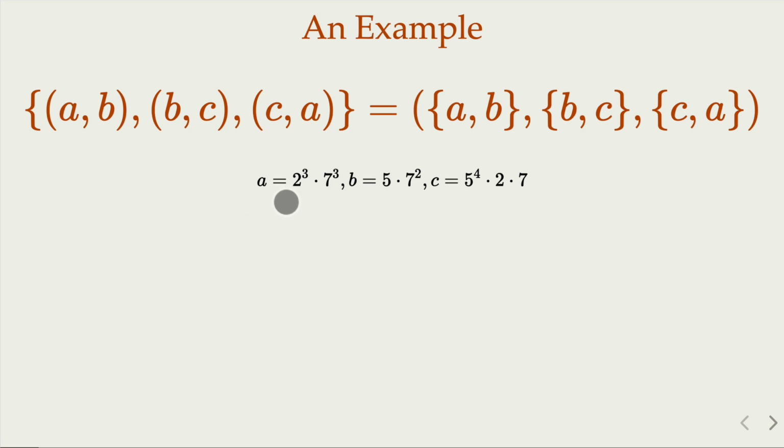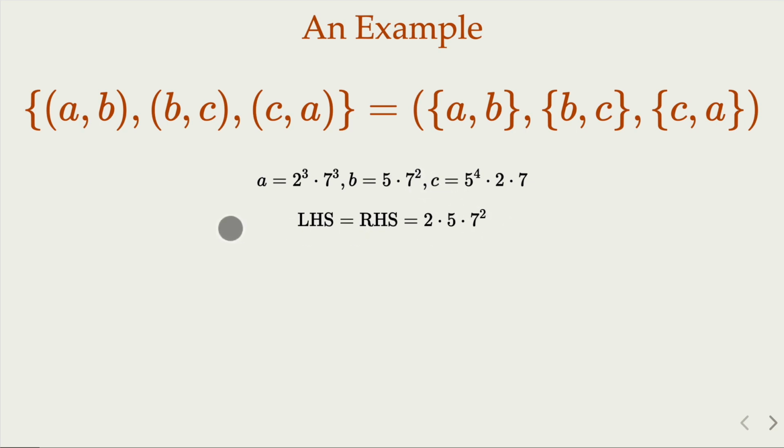For 2, 2 does not appear in B, so it's 2 to the 0th power, and the middle value of the exponent is 1. And for 5 it is also 1. For 7 it is going to be 2. So in other words, the quantity is going to be 2 times 5 times 7 squared, right, because for 7 the middle value j here is 2.